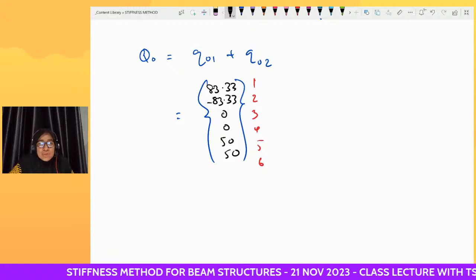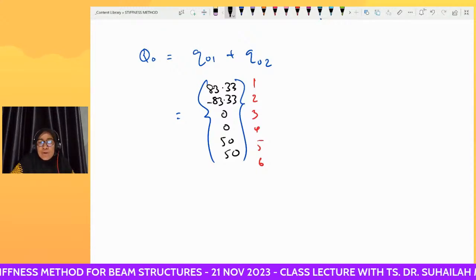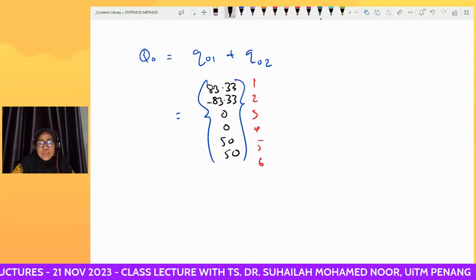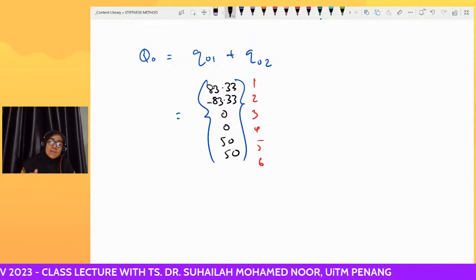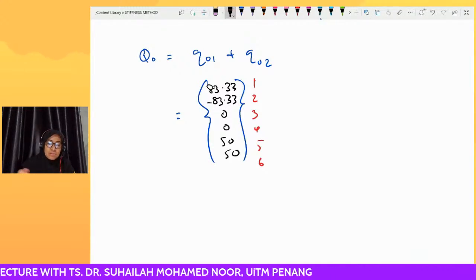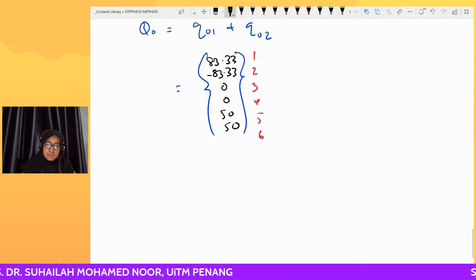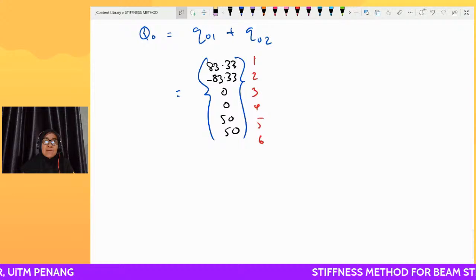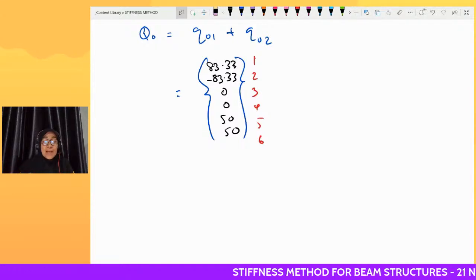I will not show you that step because it is quite confusing. So I suggest you follow the stiffness equation, considering Q and Q naught separately like this.